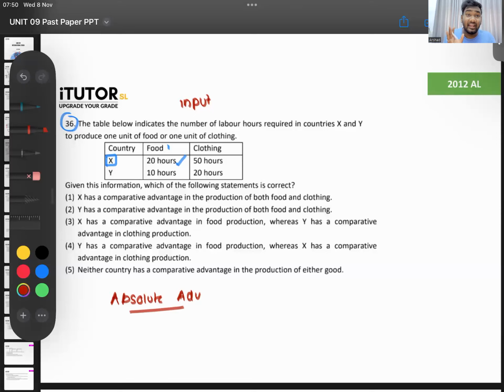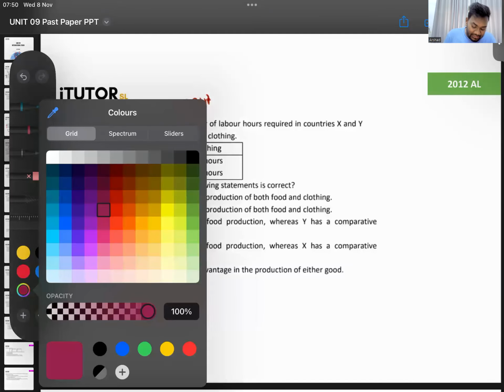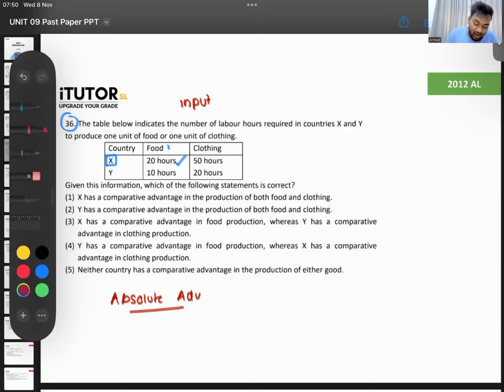If it's input data, how do you figure it out? Whoever takes the lesser amount of inputs. So, country X, to produce 1 unit of food, is taking 20 hours. Country Y is taking only 10 hours. So, who has the absolute advantage for food?